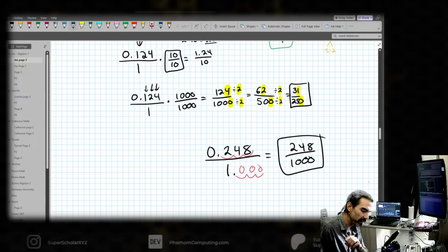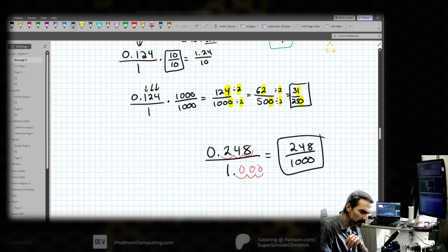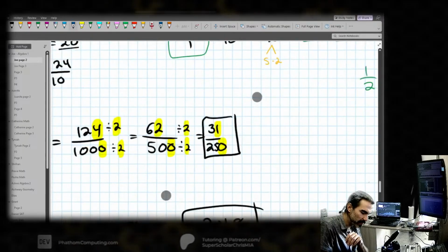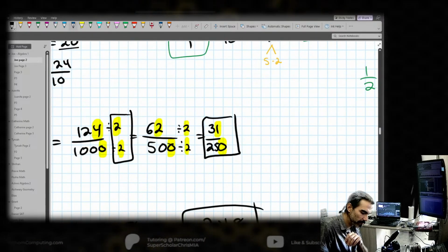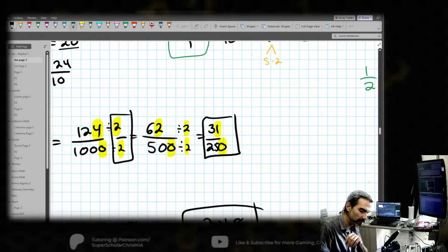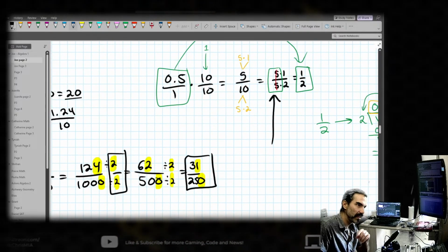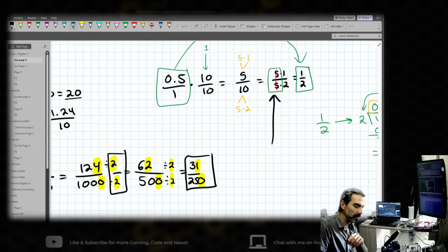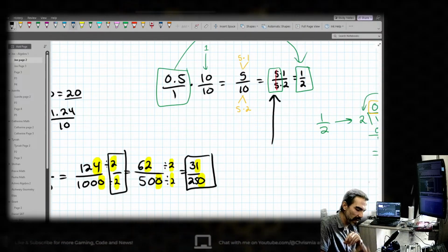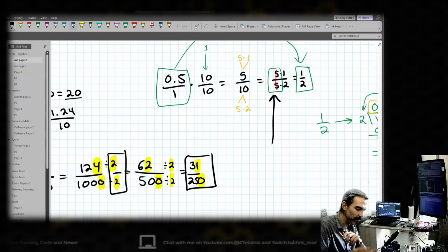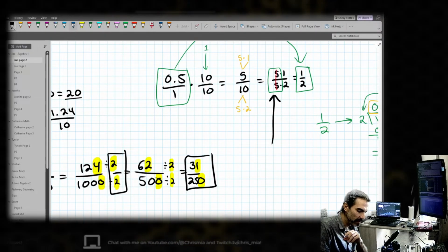But notice that this division by 2 that I did here, which is basically 2 over 2, is the same thing I've done here with the 5, at least not the same thing, but it's the same math. We approached it 2 different ways, but still canceled out a 2.